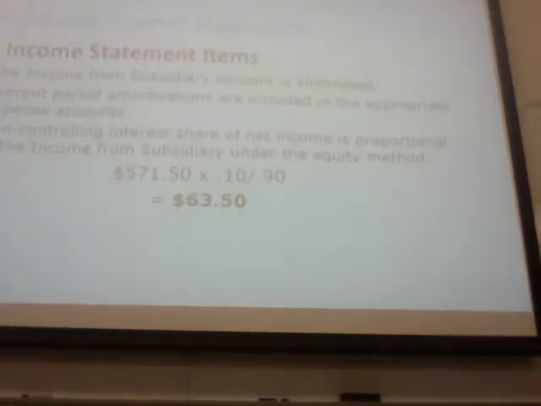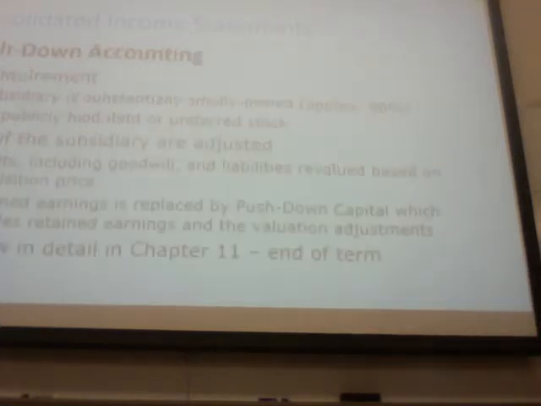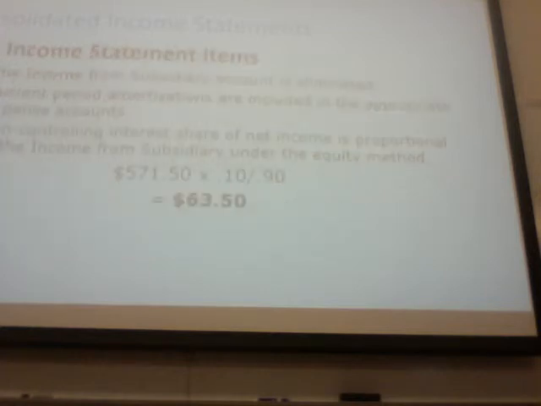The non-controlling interest share of net income is proportional to the income from subsidiary under the equity method. 635 is the adjusted income of the subsidiary in this example. 10% of it belongs to the non-controlling interest. 90% of it belonged to the control. Any questions on that?